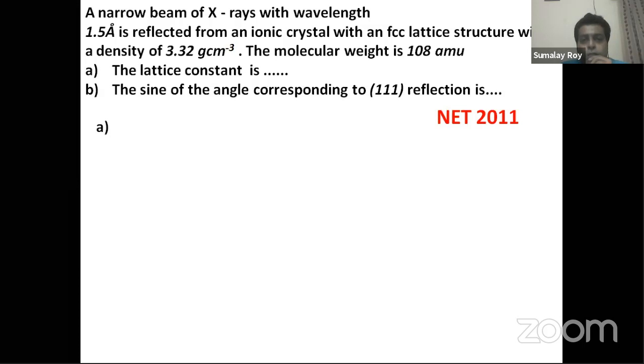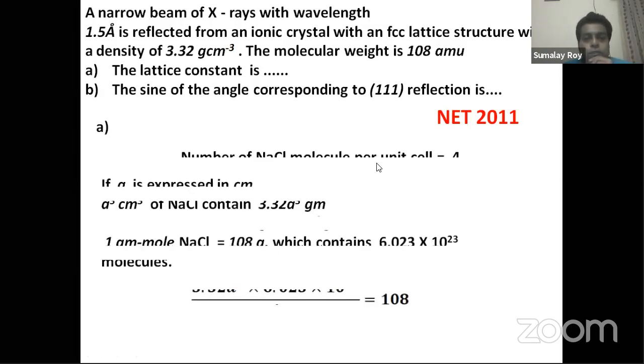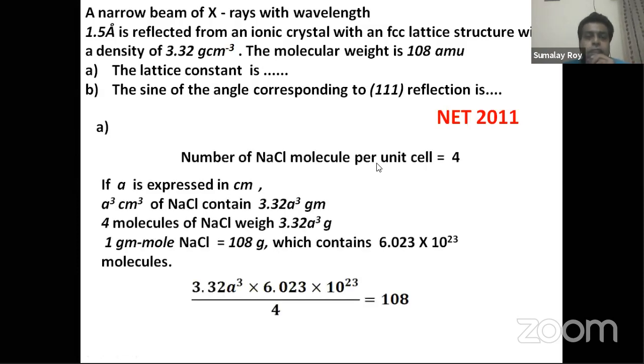Number of molecules in a unit cell was 4. Now, Srilaxmi, I know the answer, but I just want the problem to be done not from the formula but from your understanding. The number of sodium chloride molecules per unit cell is 4, that we have seen last day.